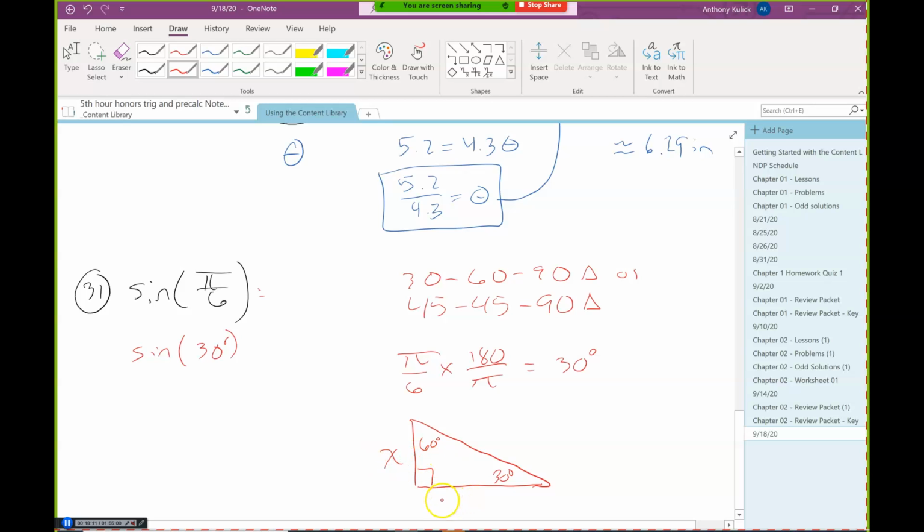The side lengths are x for the short side, x root 3 for the medium side, and 2x for the longer side. So sine is opposite over hypotenuse, which reduces down to just 1/2.